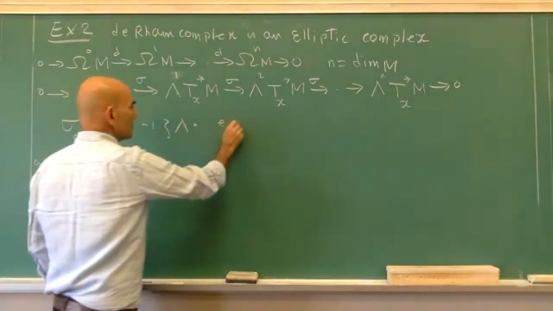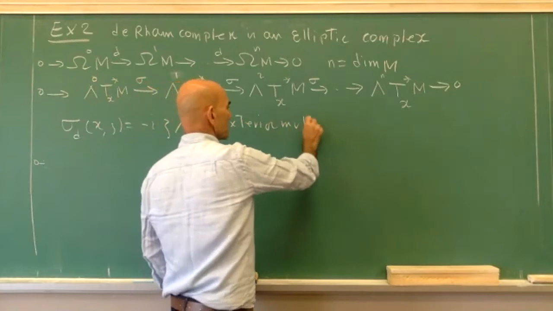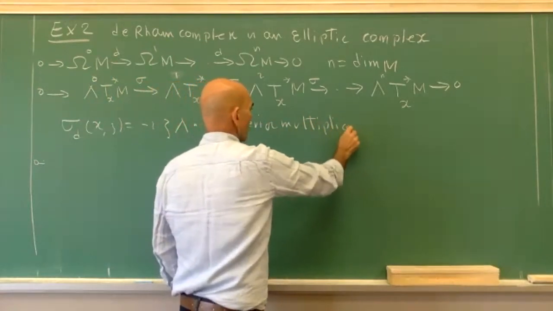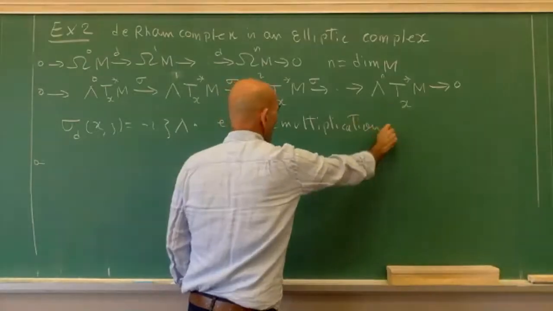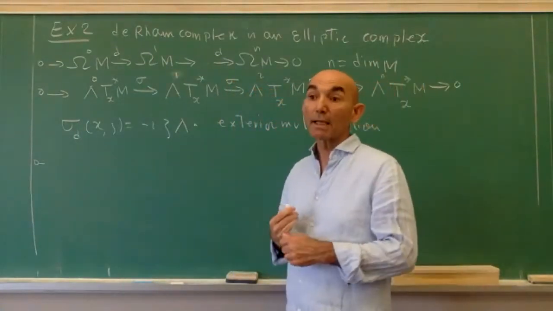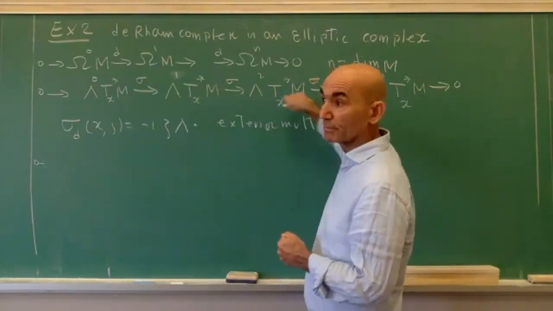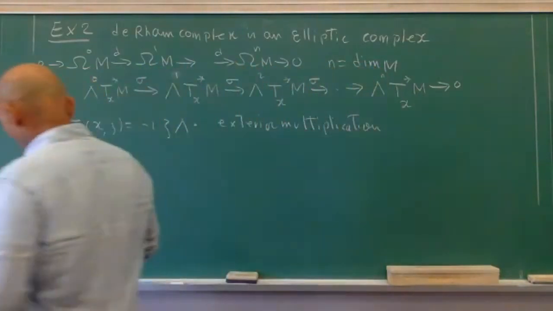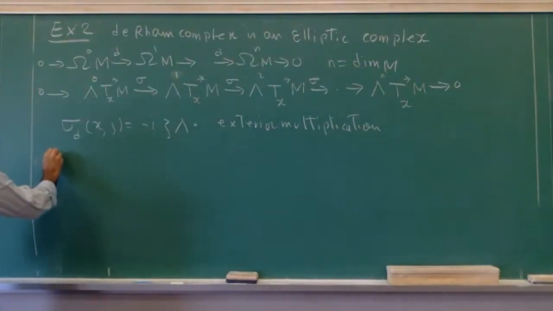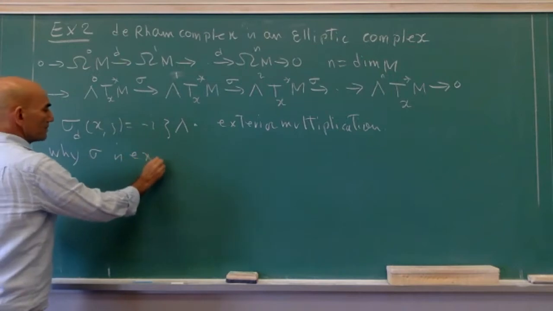So that's exterior multiplication. So now the question is why exterior multiplication defines an exact differential here. So we have to prove it, right? So why σ is exact.